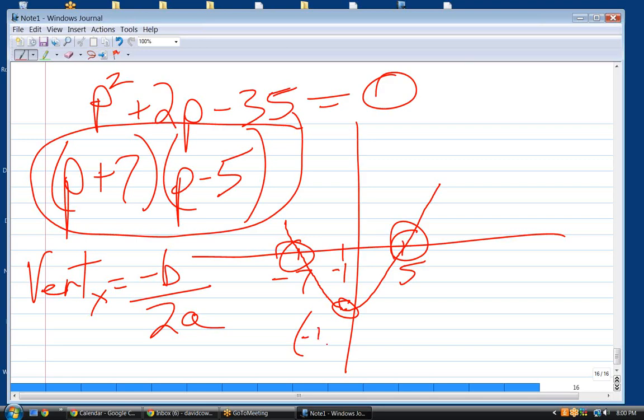That's -1, and to figure out what the y value would be, I plug it in and solve. It looks like -34. Let's see, we would have 1 - 2, that's -1, -36 is where that point is. Okay. Now I've graphed it. In other words, I have 3 points. I have the vertex, the most important point.